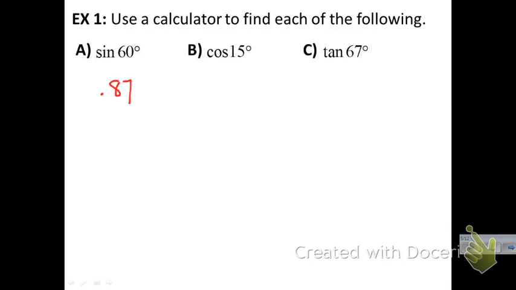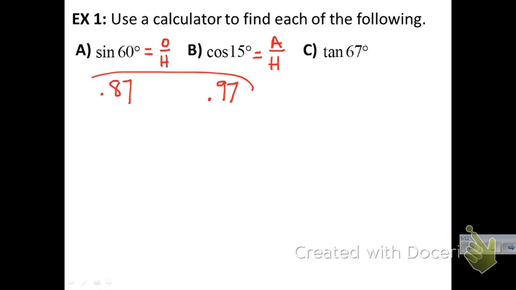Remember that sine of an angle is always a relationship of the opposite side over the hypotenuse. With cosine, when you type in cosine of 15 using the COS button, you get 0.9659. And remember that cosine is always a relationship of the adjacent side over the hypotenuse.